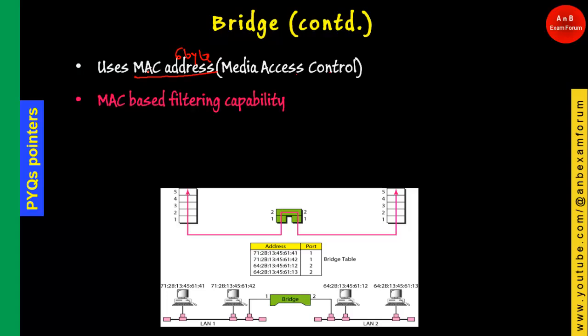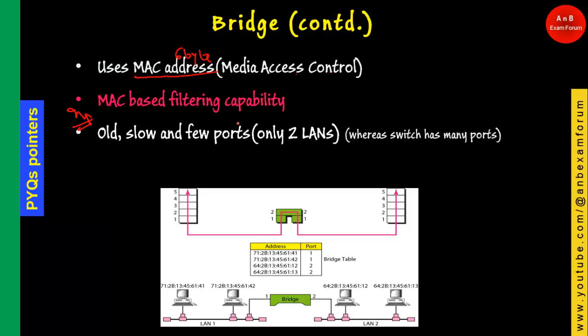Since it has a MAC address, it will definitely use MAC address based filtering. Suppose this table, if you see, it is a bridge table and it has 6 bytes in it. These are the MAC addresses, and it is going to use this table for forwarding the information. So it is going to filter based on this bridge table. So it also has MAC based filtering capability.